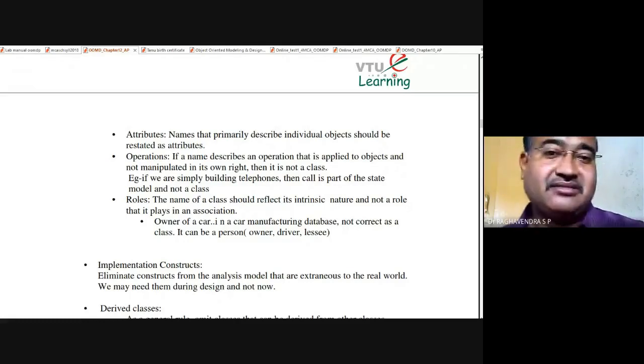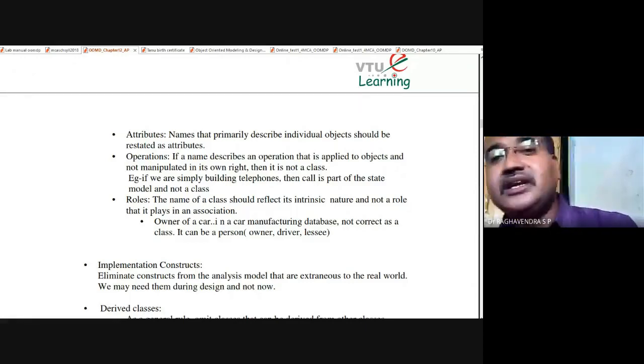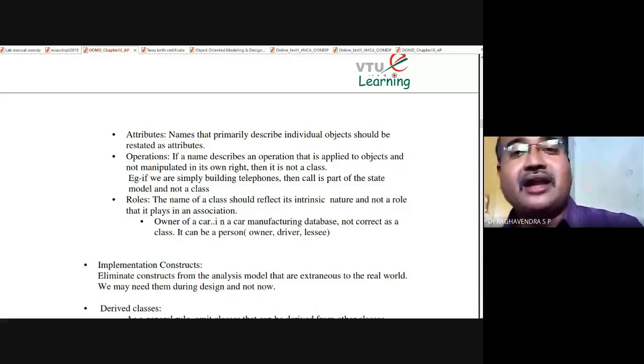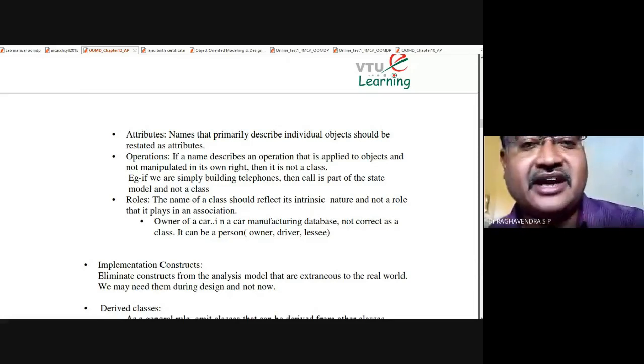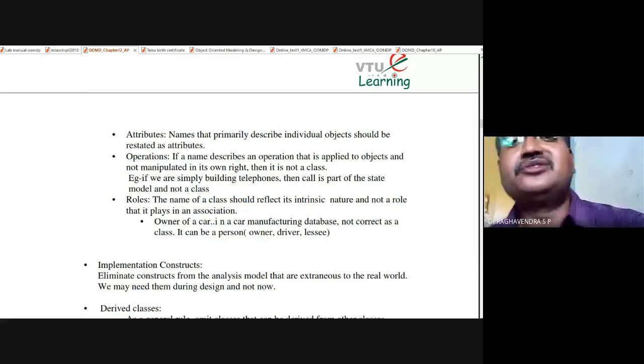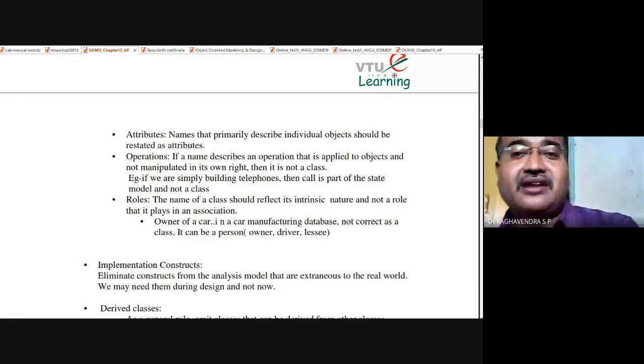then call is a part of the state model and not a class. If you are building a telephone system and identifying classes, call is a part of the state model. I have already explained the state diagram, the telephone line. I think I have given this for a year also. In that particular diagram, call will be taken as a state model, not as a class.